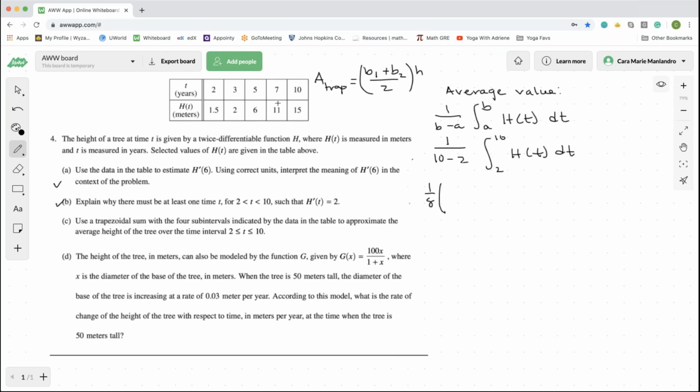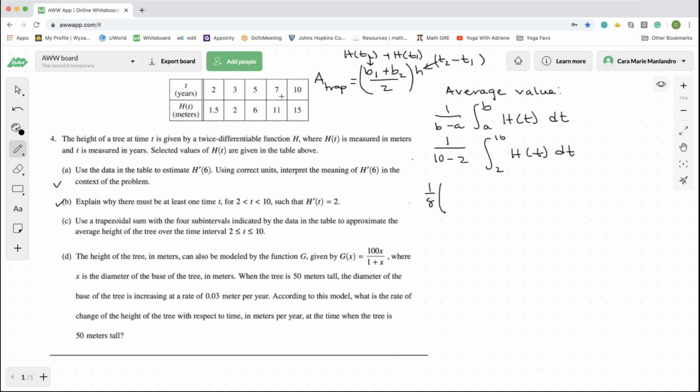All right, and so in our case, the height here is going to be T2 minus T1, and our bases are going to be h of T2 and h of T1.